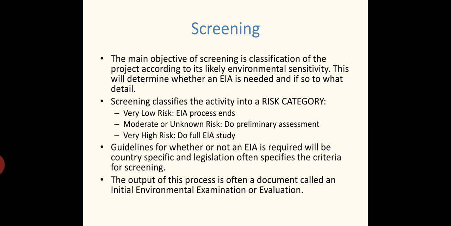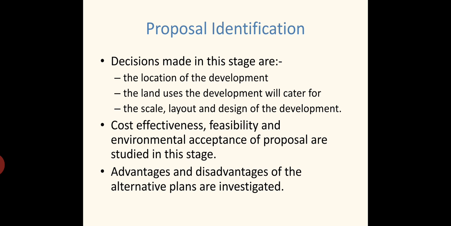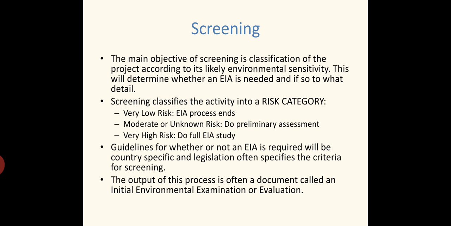Now comes the screening. The importance of screening is that we have to identify whether EIA, environmental impact assessment, is required or not in this stage. So the authority will carefully study the proposal submitted by the concerned industries and so on. So they will do the initial screening.